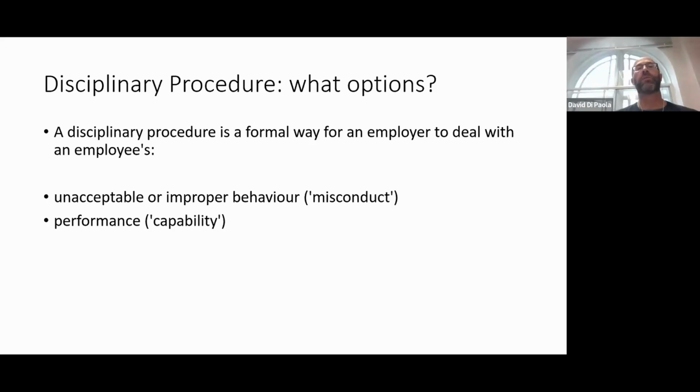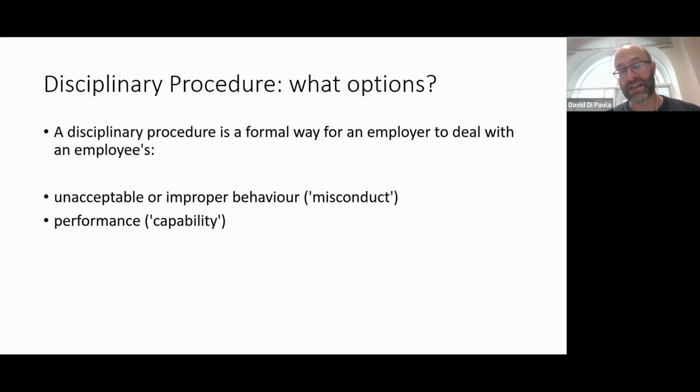And then the one that people probably don't know quite so much about: you can take disciplinary action, or what we more classically call capability action, against an employee over their performance in the role. For instance, that may be where you have a church administrator or church secretary, and they're as polite and pleasant as they can be, but they're just not very good at their job.